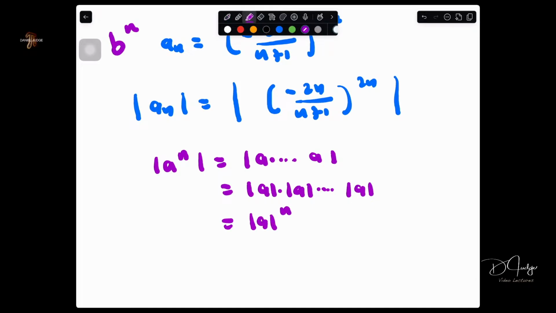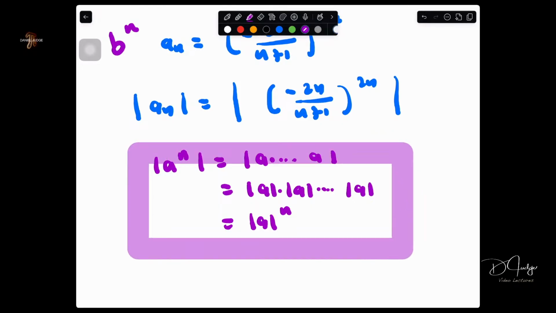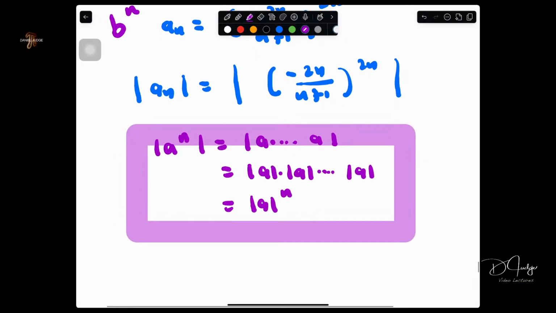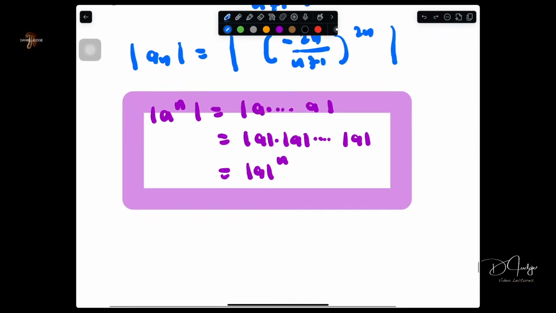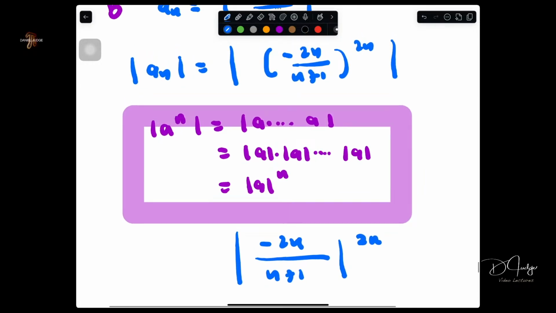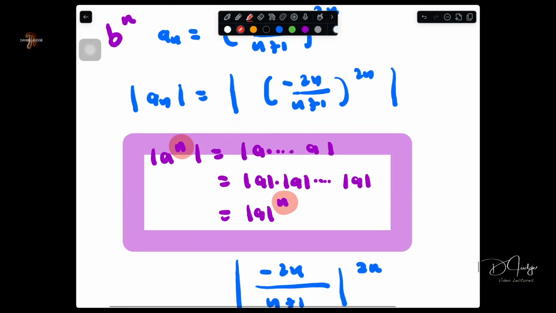This is the algebra that I'm referring to with absolute values here. So how does that work with this? Well, that just means you now have the absolute value over here, and this is like the key. Negative 2 to the n over n plus 1. You get to pull out your power is the whole idea here. That's what I'm saying here by using the properties of absolute value now.